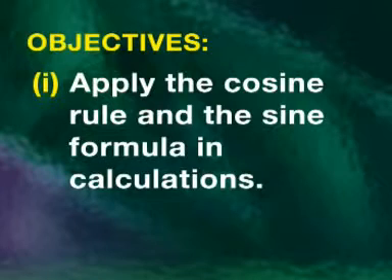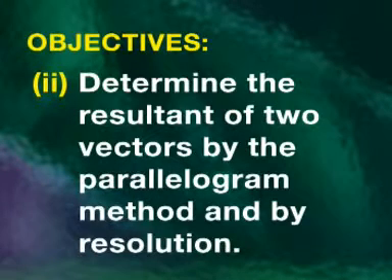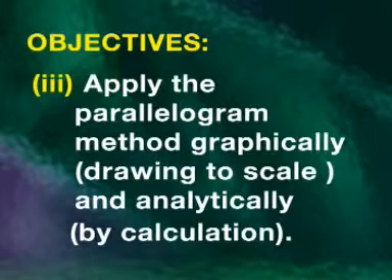By the end of this lesson, you should be able to: 1. Apply the cosine rule and the sine formula in calculations. 2. Determine the resultant of two vectors by the parallelogram method and by resolution. 3.